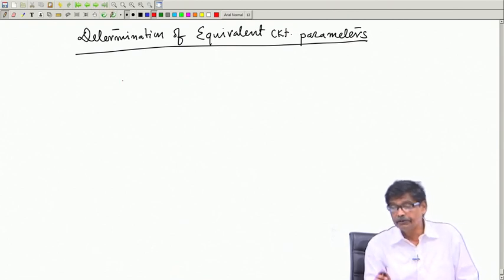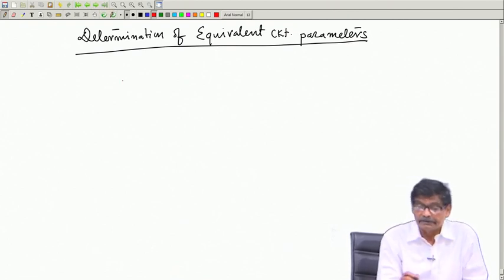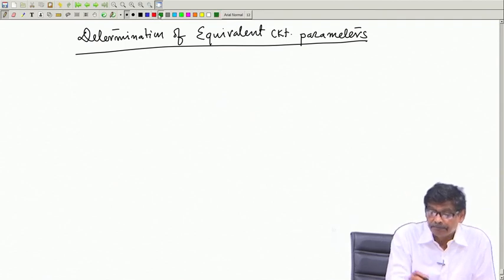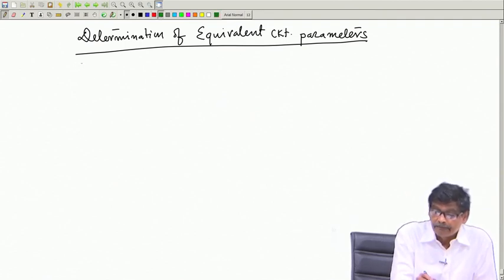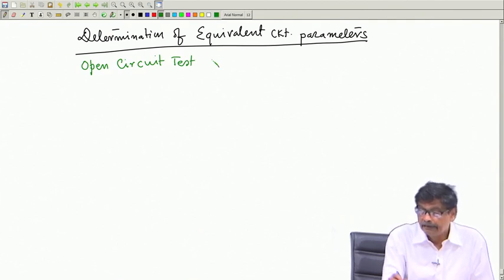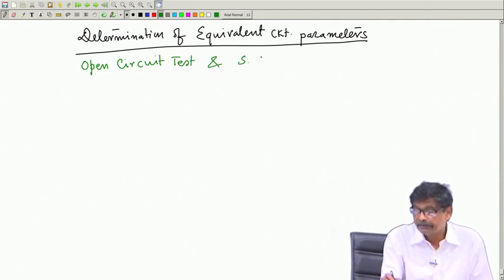So, determination of equivalent circuit parameters by conducting two tests: the open circuit test and the short circuit test.